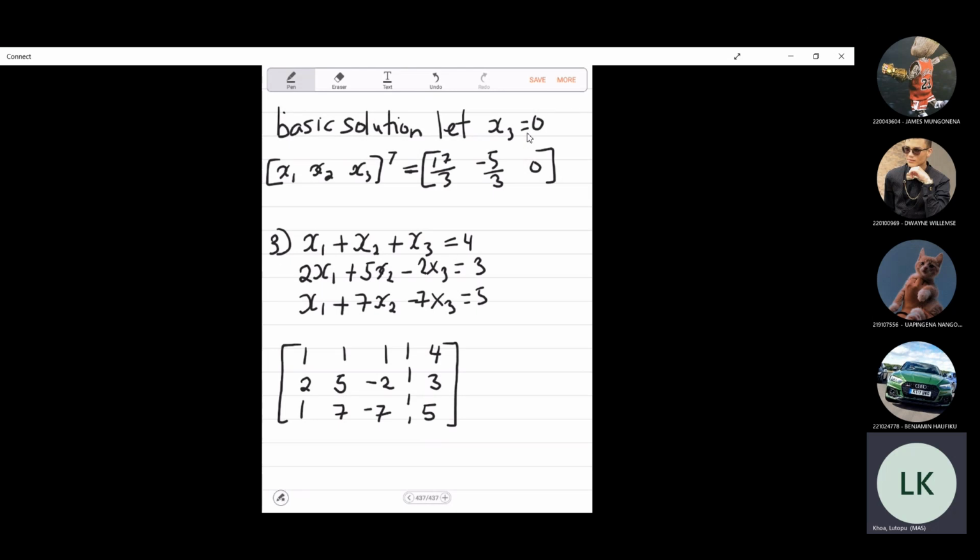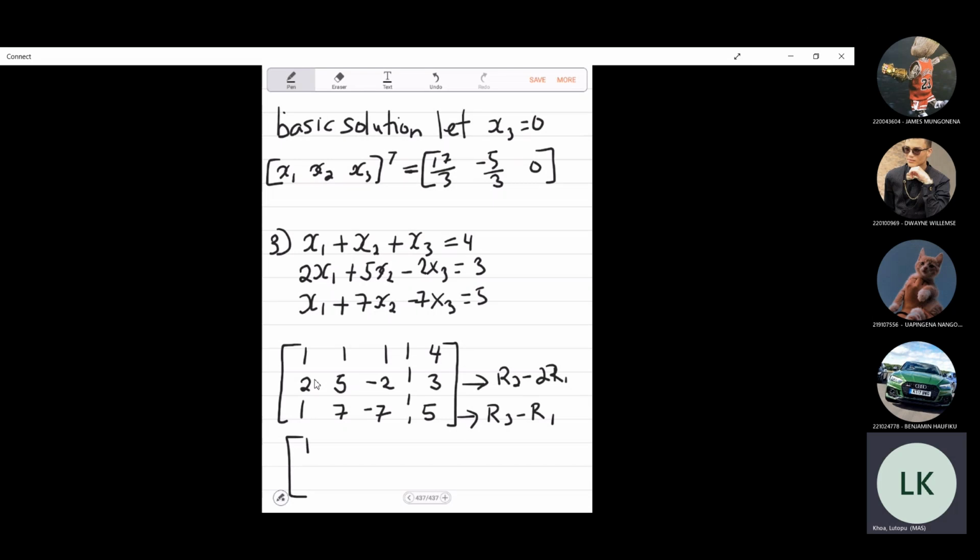So again, we perform our Gaussian elimination, so we can make this 0 and that one 0 there. So for this one, we say row 2 minus 2 times row 1. Then this one is row 3 minus row 1.